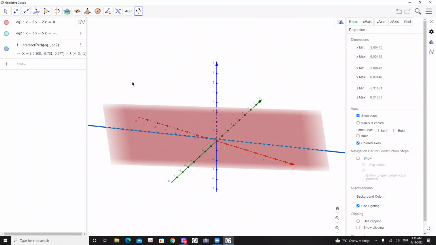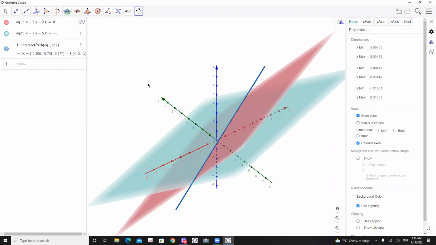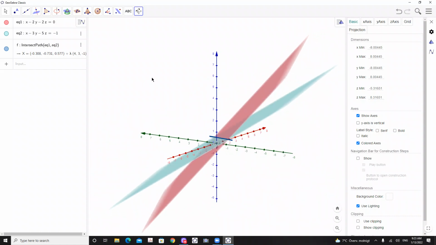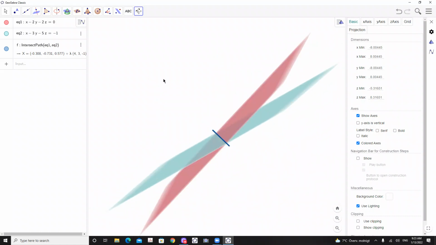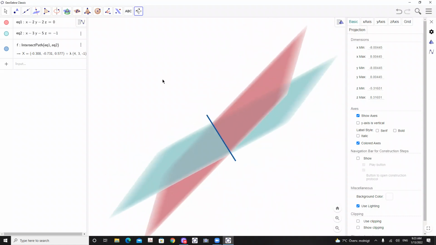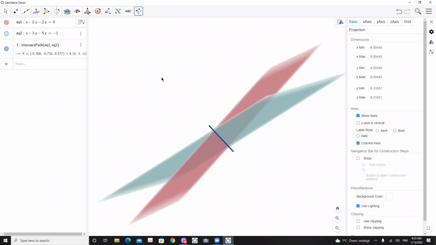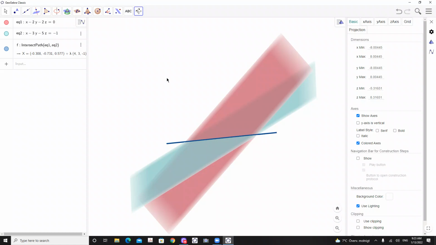You see? So, yeah, 3 dimensions is a little bit hard. Momentarily I can get rid of axes so that you are not confused. So this is the situation that I have right now with two planes. And this line that you see here is the intersection line between two planes. Is that understandable?